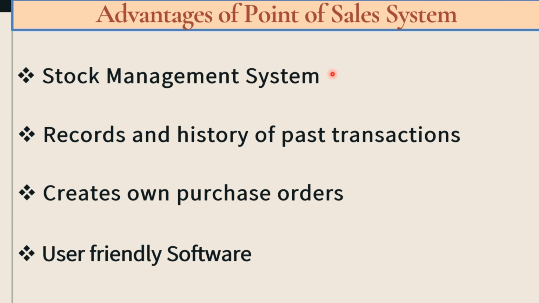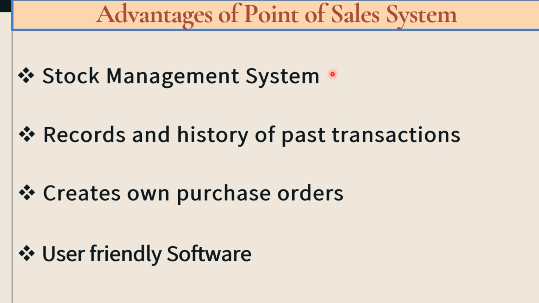Whenever we visit the medical shop, there we observe that when we give the prescription to the medical shop owner, he checks the availability of the medicines in his system, means in the computer system. If the medicine is available, then he immediately finds the medicine and gives it to us.